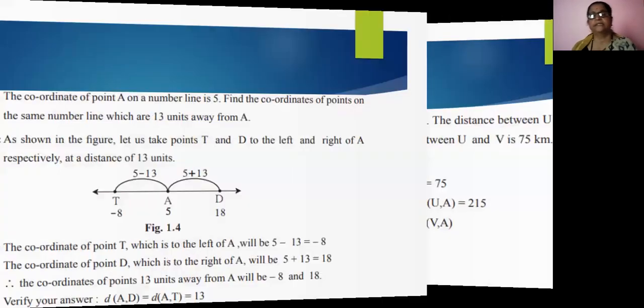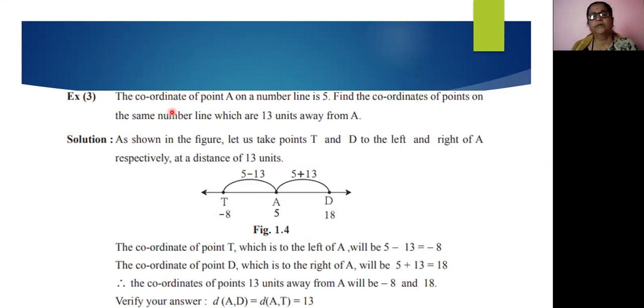Next, we will see an example. The coordinate of point A on a number line is 5. Find the coordinates of the points on the same number line which are 13 units away from A. If we go from A to D on the right side, we get 5 plus 13, that is 18, so point D's coordinate is 18.